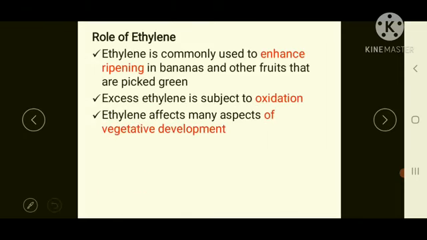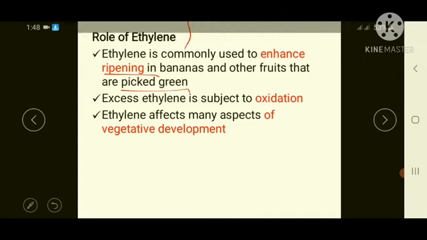Let us see the role of ethylene. Ethylene is commonly used to enhance ripening in bananas and other fruit that are picked green. When we pick the green fruit from the mother plants, we can spray ethylene on them, and in the process the green fruit change to ripened fruit.